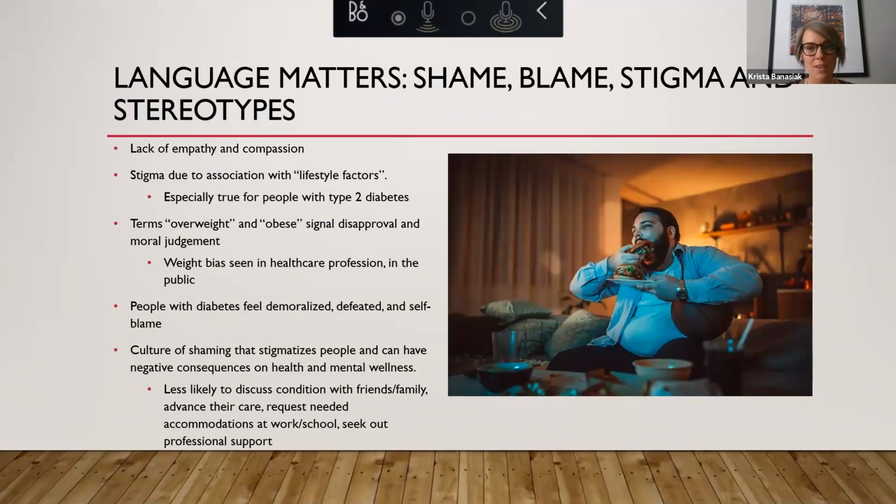So another big issue that we see that is a function of language also is stigma, stereotyping, shame, and blame. For people living with diabetes, feelings of failure, frustration, and self-blame are common consequences of unrealistic expectations, and these are reinforced by inaccurate and unfair stories and images that we see perpetuated in the media.